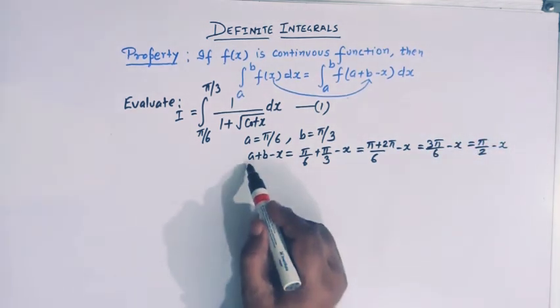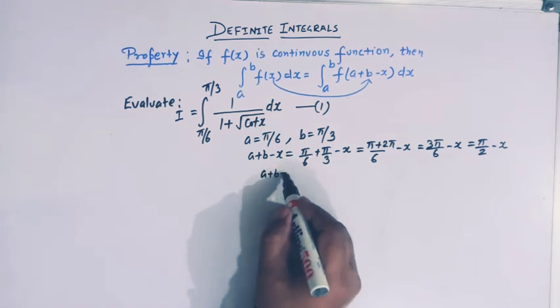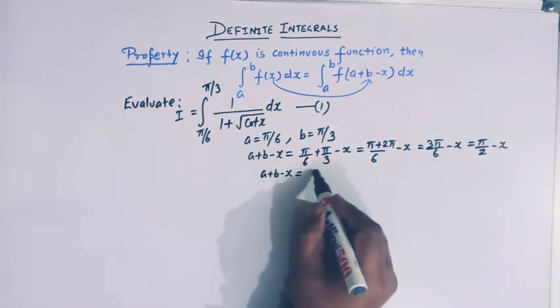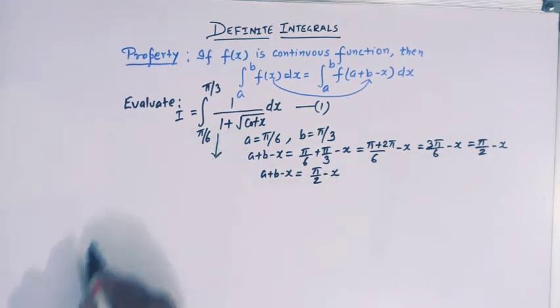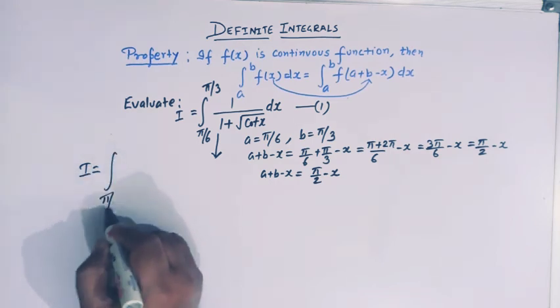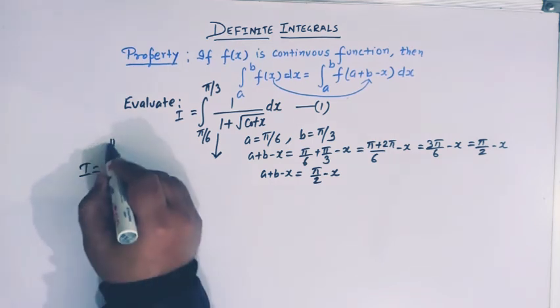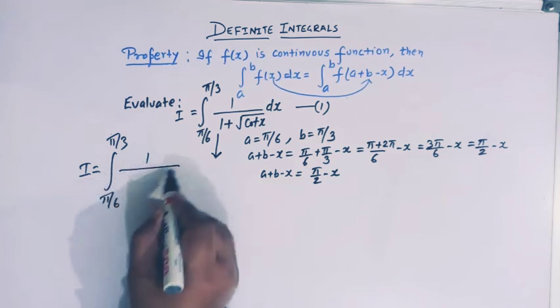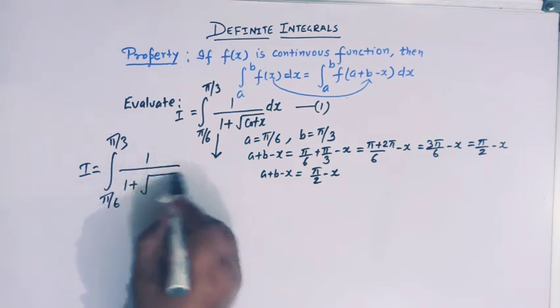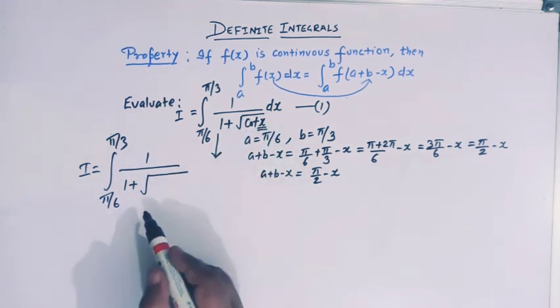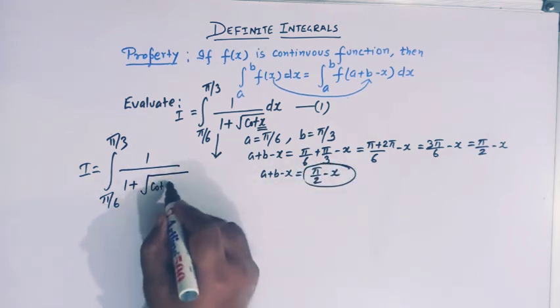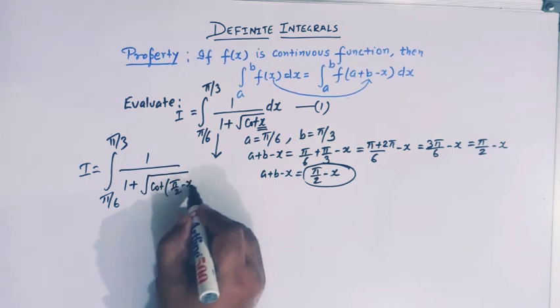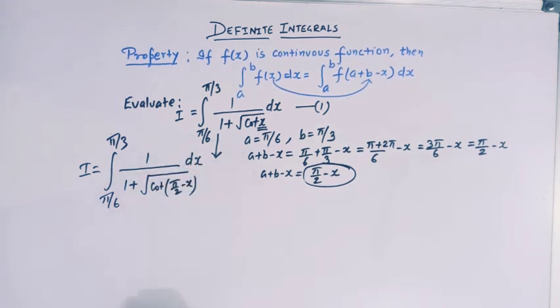So it means the value of a plus b minus x is pi by 2 minus x. Therefore in the next step, we have to write the integral from pi by 6 to pi by 3, and we have to replace this variable x by this term, right? So here we have cot of pi by 2 minus x, and here we have dx.